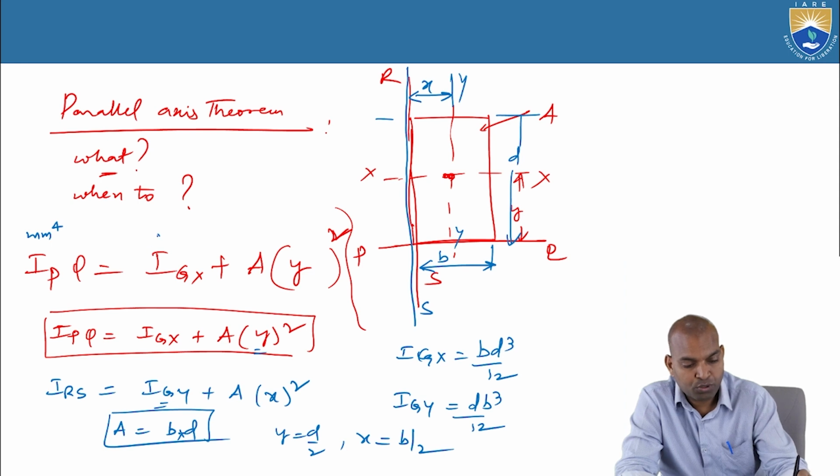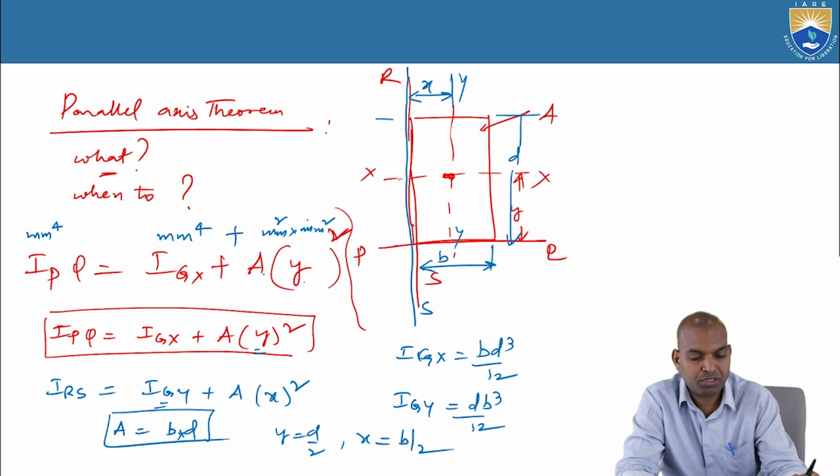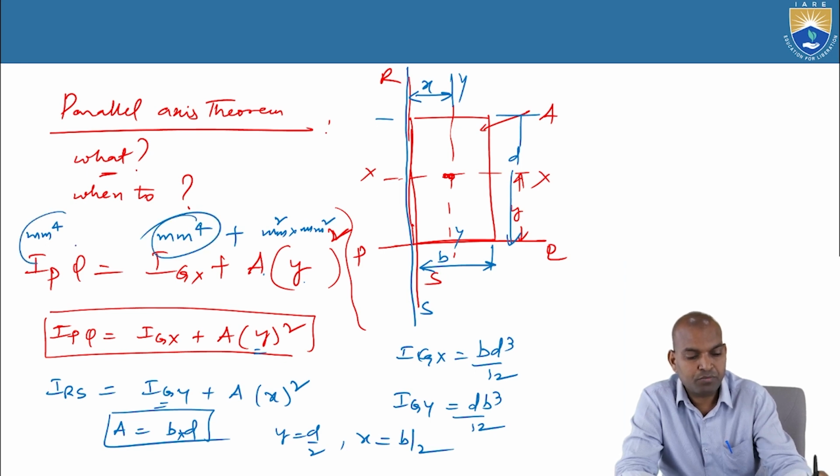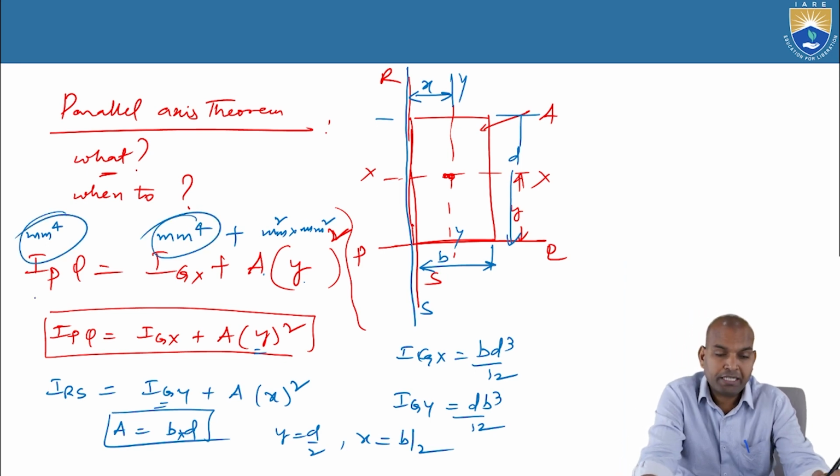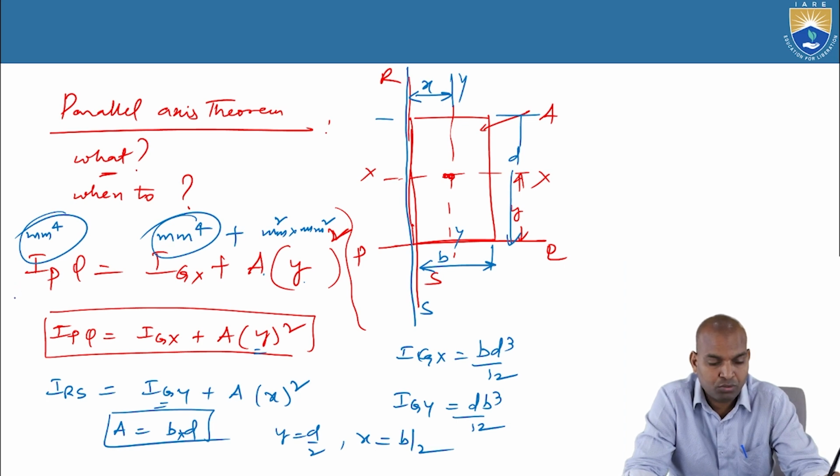IGX is also in millimeter to the power 4. Area is in square millimeters, and y square is in millimeter square, so the product becomes millimeter to the power 4. Now we check the dimensions, that is the homogeneity of this parallel axis theorem.